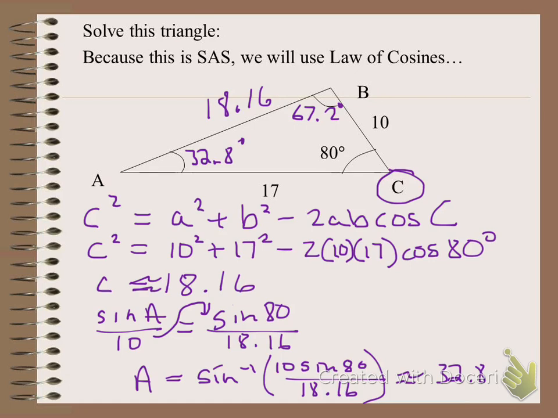Okay, is everybody good? Now, on your homework tonight, there's going to be 2 sections. The first section of your homework is just law of cosines, and it's just the side angle side version of law of cosines like we did in class today. Thursday, we'll add law of cosines side side side.